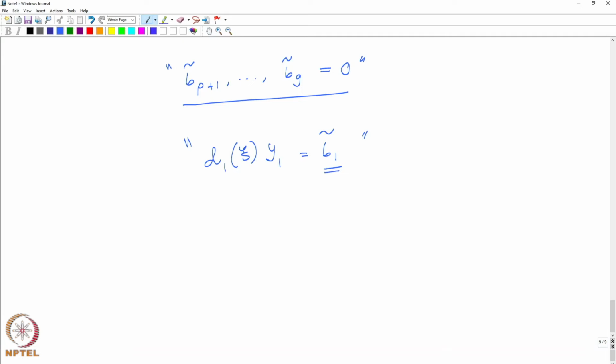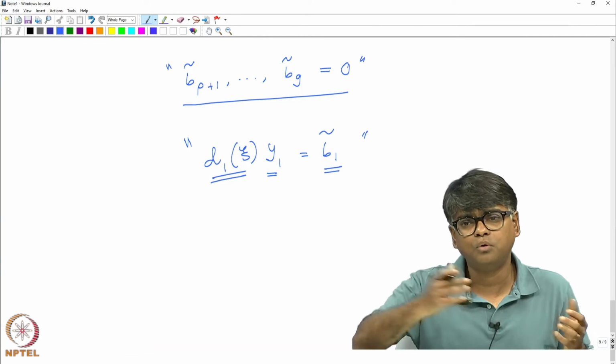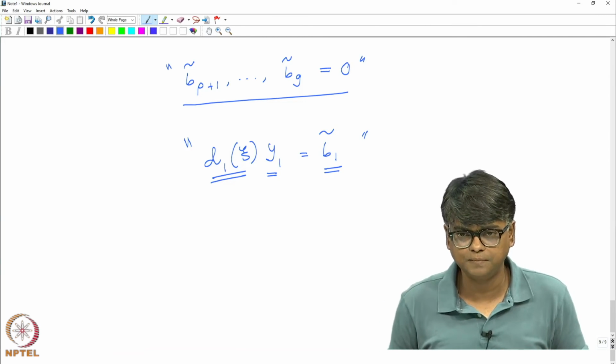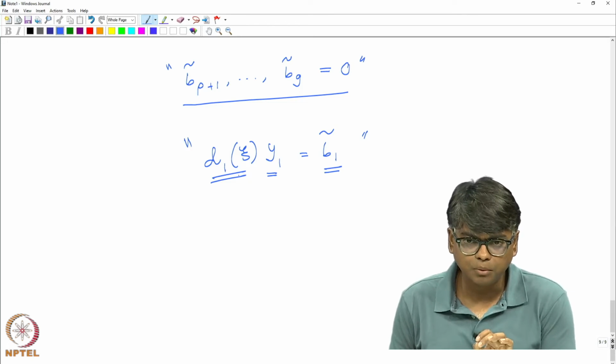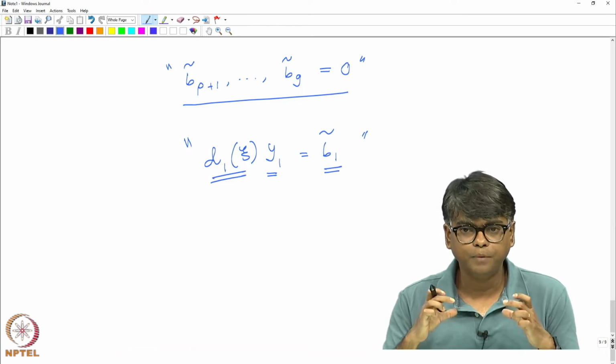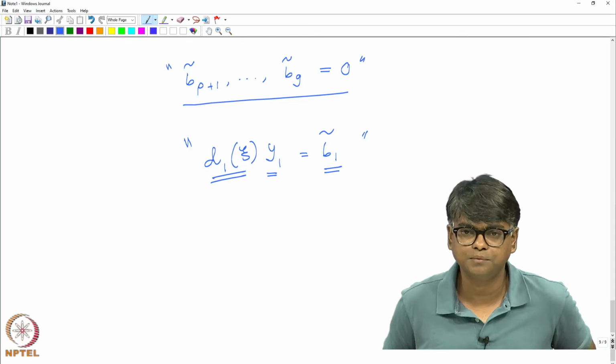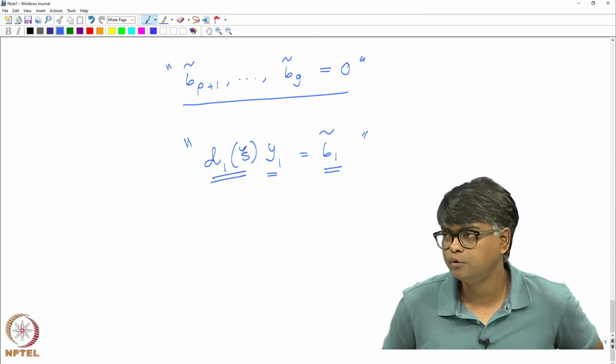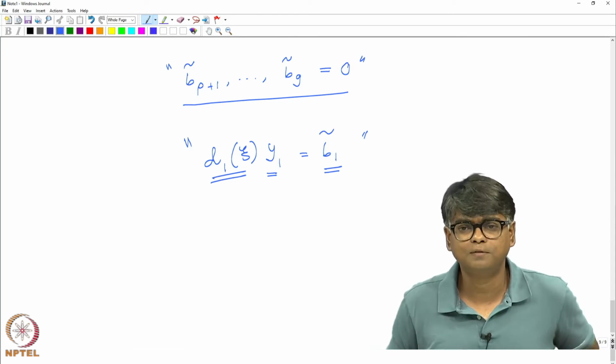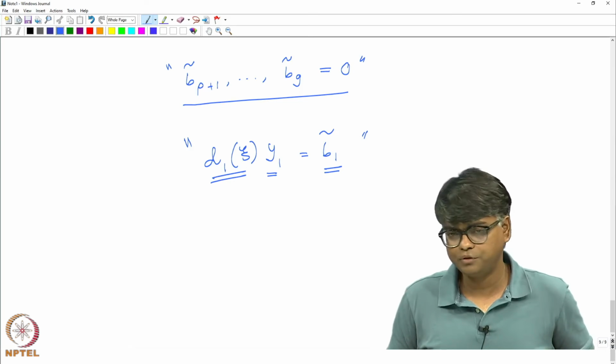For all C infinity functions b1 tilde, you can solve for it and get a y1 which is C infinity, no matter what this operator is, as long as it is non-zero. How do you solve for this? Of course, you just do the convolution integral and find the homogeneous solutions, and you get a whole set of solutions. We have done this before, and I will give you such actual equations to solve in the exercises as well. That will give you clearer ideas on how to solve such ordinary differential equations.